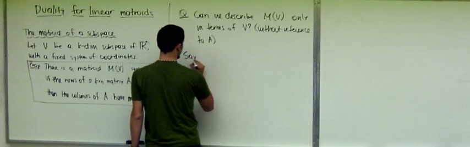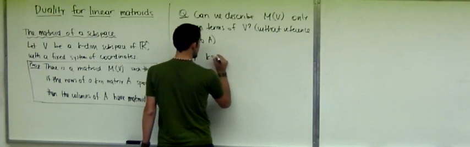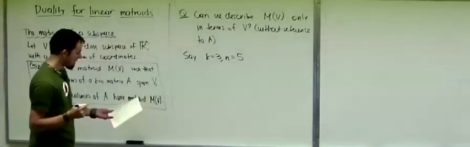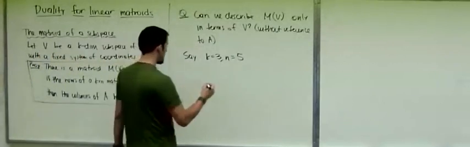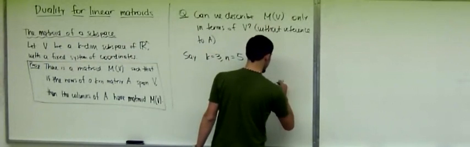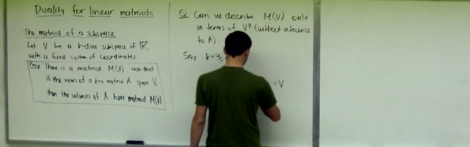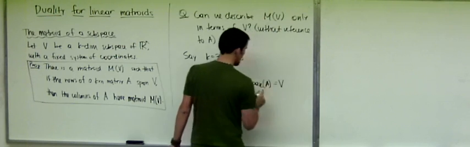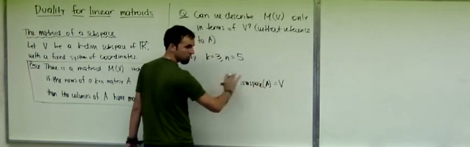Just to make it a little bit simpler, let's talk about the case k equals 3 and n equals 5. And let's say that you want to define M of V. For now, the description that we have is that we pick a basis and we put it in a matrix.